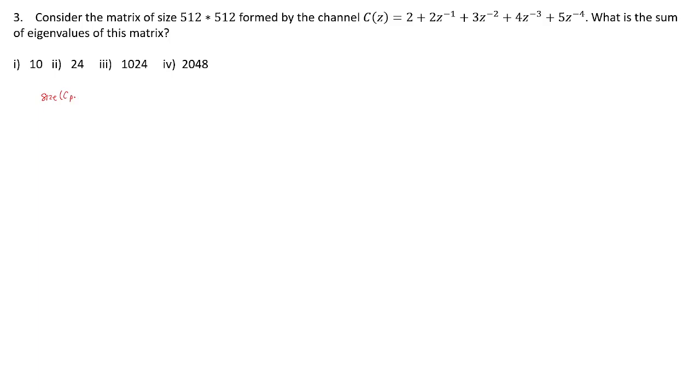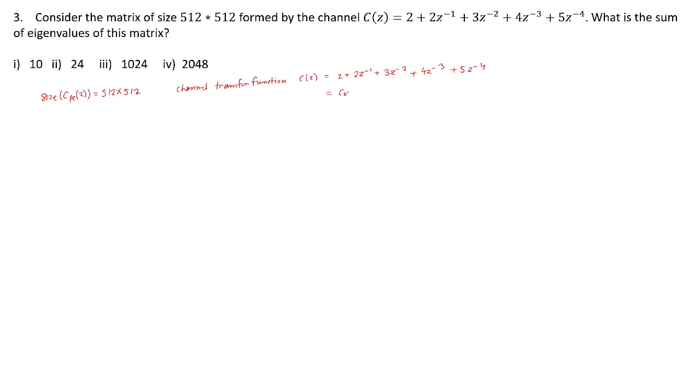As given in the question, the size of C_P C_Z is 512 times 512, and it is formed by this channel transfer function C(Z) equal to 2 plus 2Z inverse plus 3Z to the power minus 2 plus 4Z to the power minus 3 plus 5Z to the power minus 4.